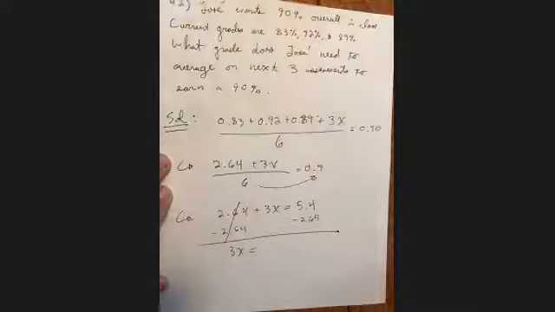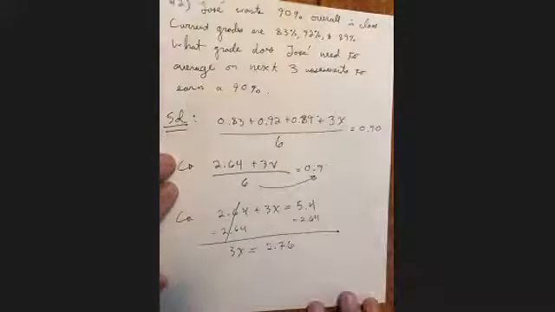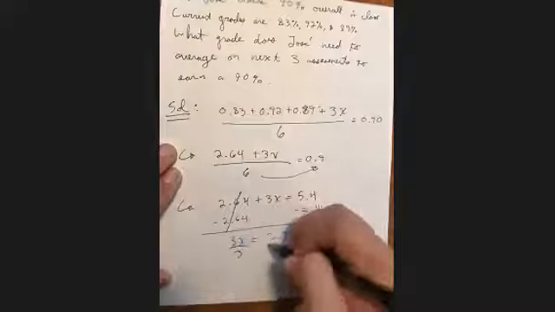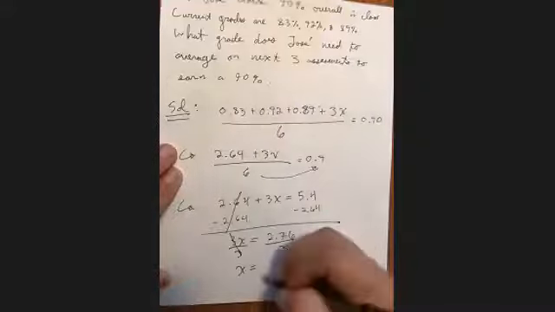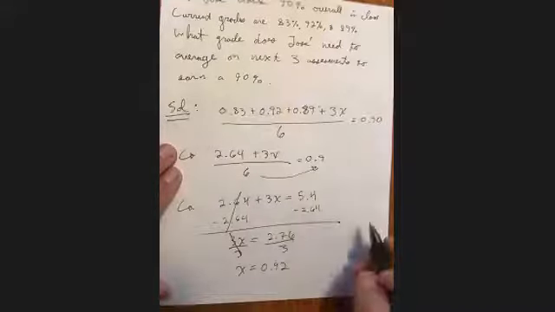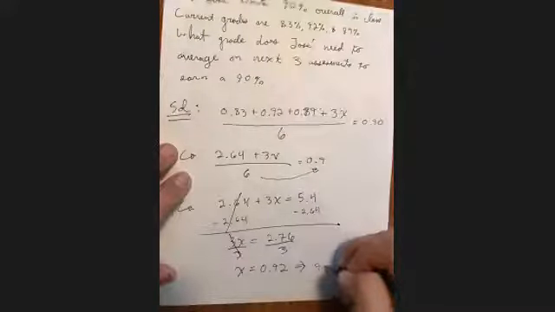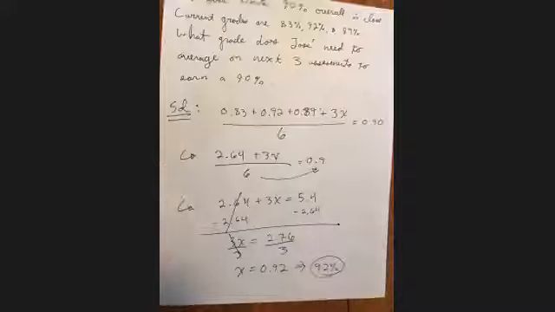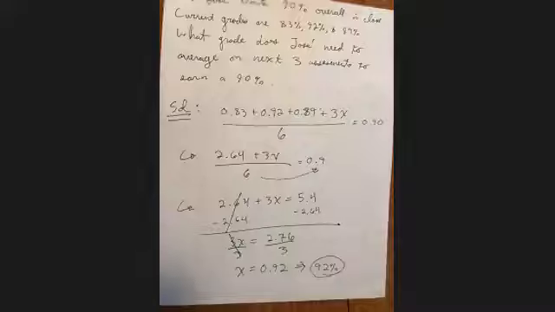We have 5.4 minus 2.64, and that gives us 2.76. Finally, divide by 3. And we get 2.76 divided by 3, which is 0.92. So this implies that on the next 3 assessments, Jose needs to make a 92% on each of those 3 assessments in order for his overall average to be 90% in the class.